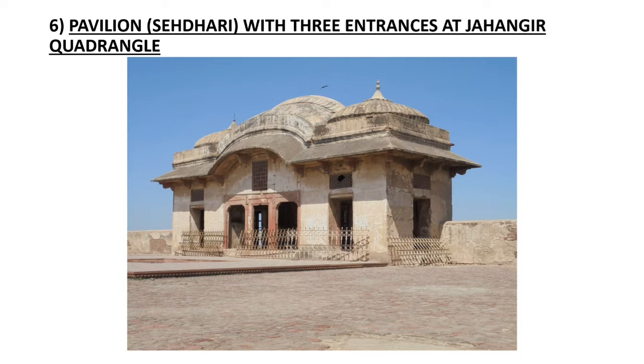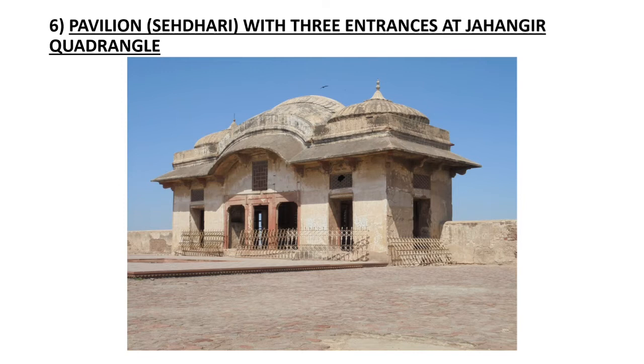This chajja is supported by serpentine shaped brackets, whereas it is semicircular at the center and slightly projecting downward on the sides.